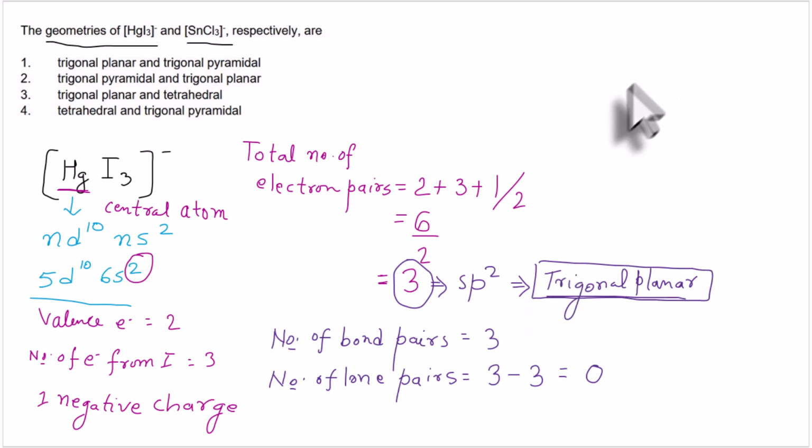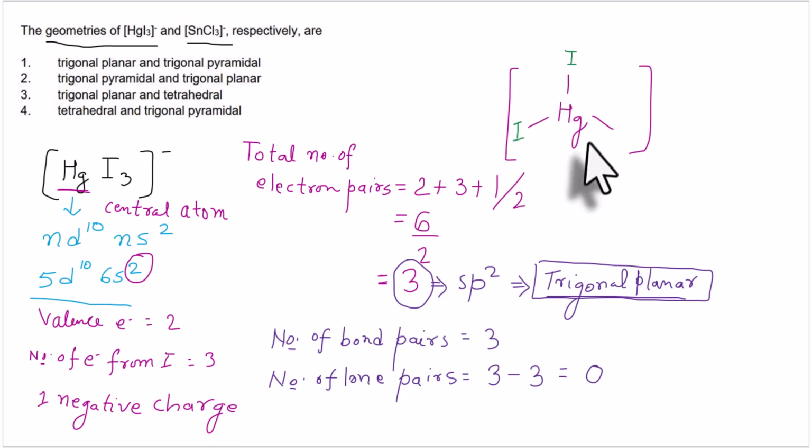Here is the central mercury, and in a trigonal planar fashion these 3 iodines are bonded to mercury, and then a negative charge. So the trigonal planar geometry is for this compound.